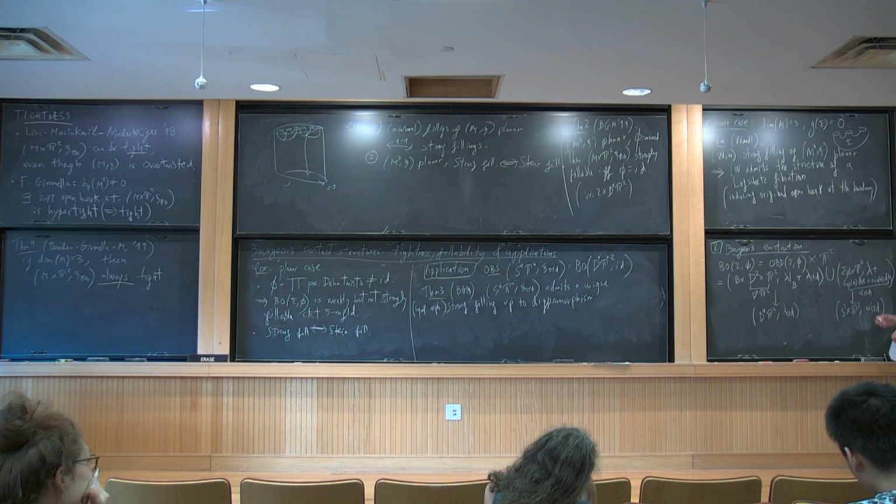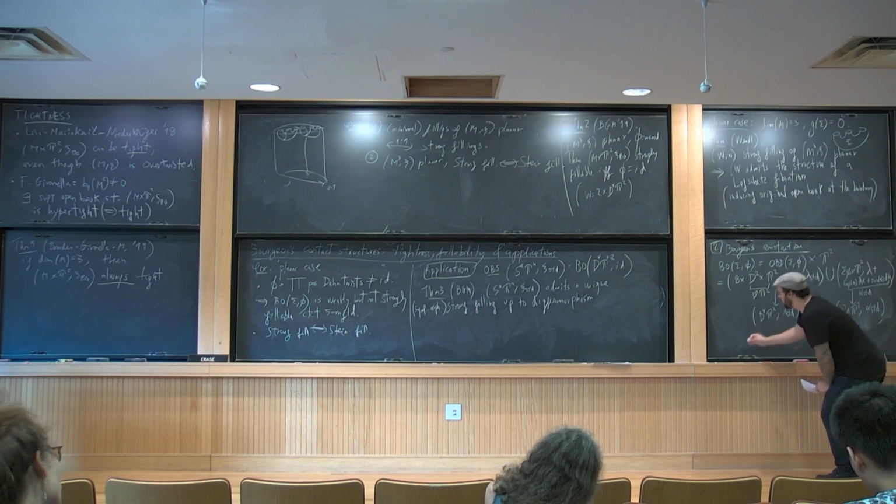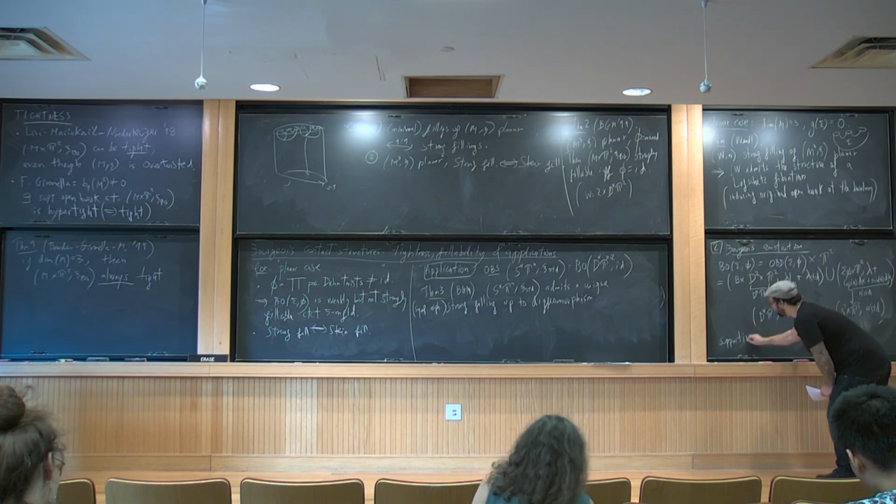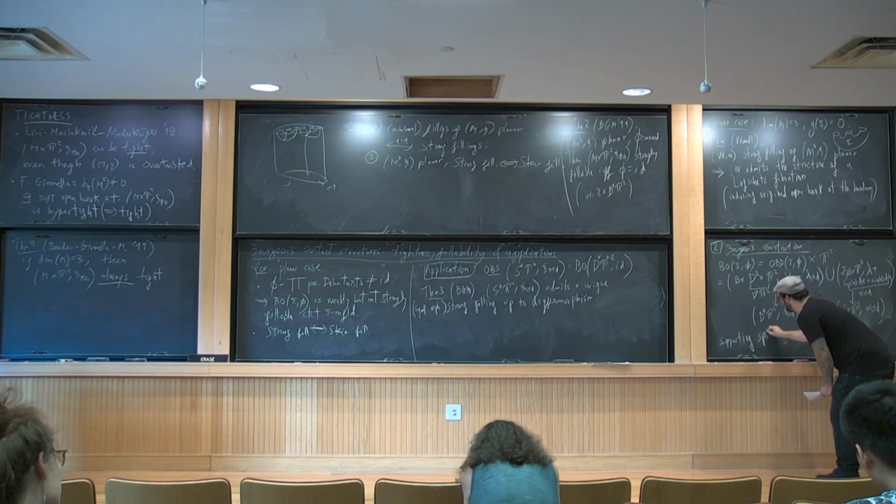And the contact form is adapted to these 2 fibrations in the sense that the contact form splits, at least up to isotopy. This is what I like to call a supporting spinal open book.